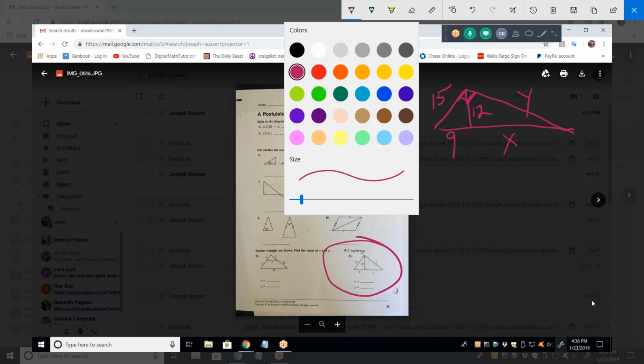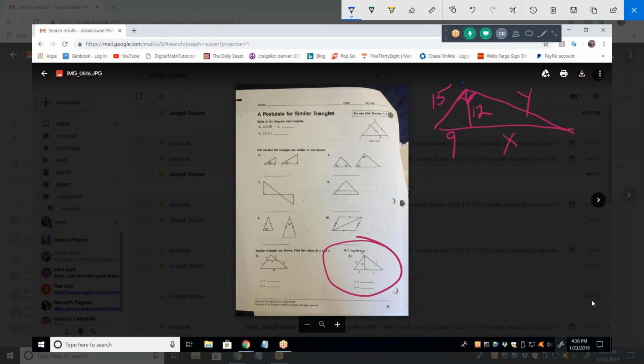First of all, I want you to see that there are two different triangles. There's this triangle. Give me an equation for that triangle.